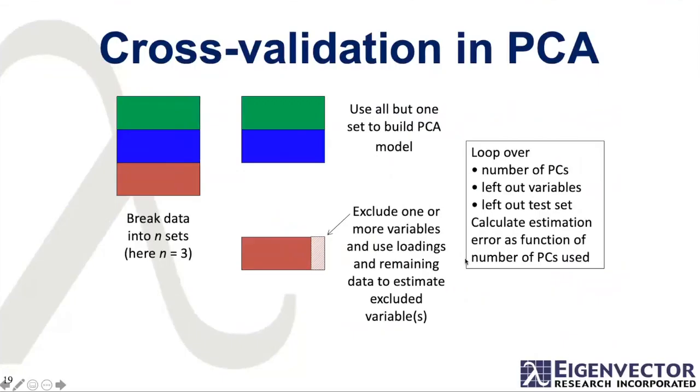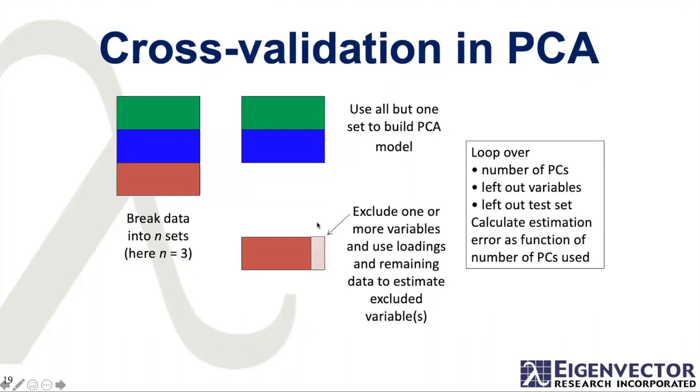Well, how do you do cross-validation in PCA? Because in these predictive models, we have a Y variable that's either a value or a class we're trying to predict. What about in PCA? Well, we developed a method for that quite a long time ago, where we break the data sets up just like we do in normal cross-validation, and then use all but one of those to build a PCA model.